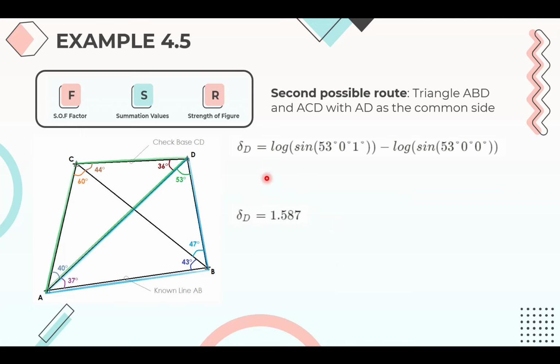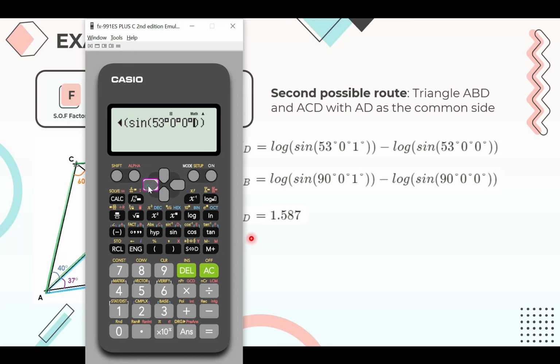Correct. And then our second angle is opposite our common side. So 43 plus 47, how much is that? 90. Okay, if you have trust issues with that, then you can solve that if you want. So that should yield 90 degrees. So we'll just replace our angles with 90 degrees. And that's negative 5.10 times 10 to the negative 12. What does that mean, guys? This is times 10 to the negative 12.